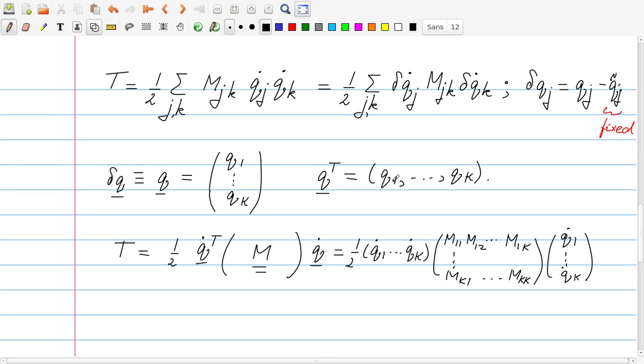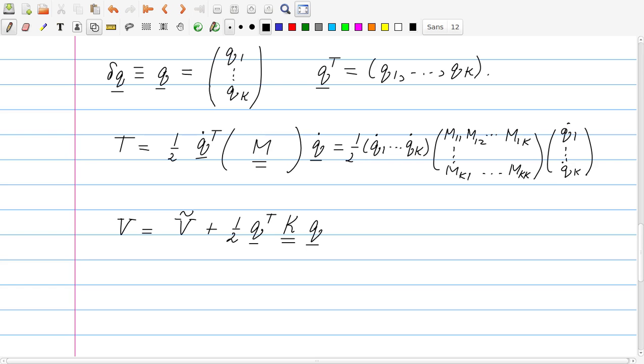That's the row vector, multiplied by the matrix and then multiplied by the column vector q dot. If I write all the elements out, I see something like this: half times the row vector, here you see the components, then the matrix elements of the matrix M, and here the column vector. If I multiply a matrix by a column vector, the result is a column vector, and if I take the product with the row vector, I get a number, and that number represents the kinetic energy.